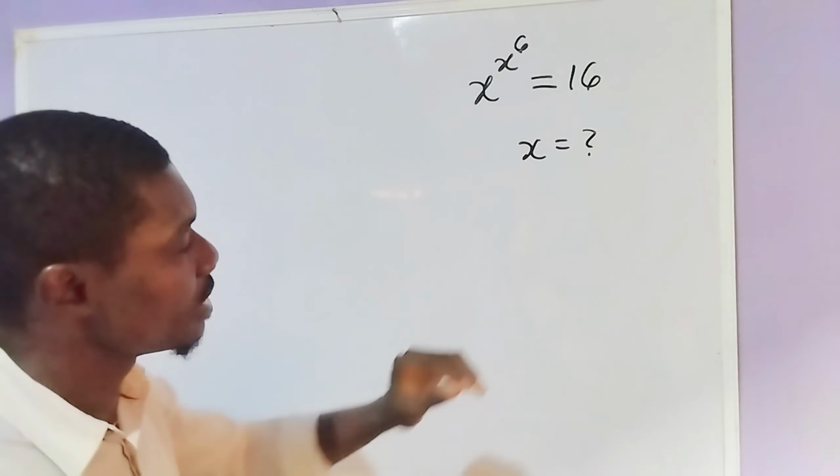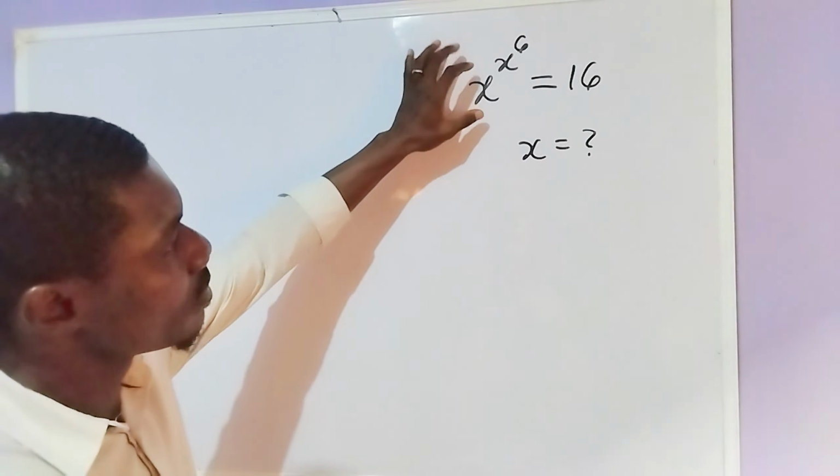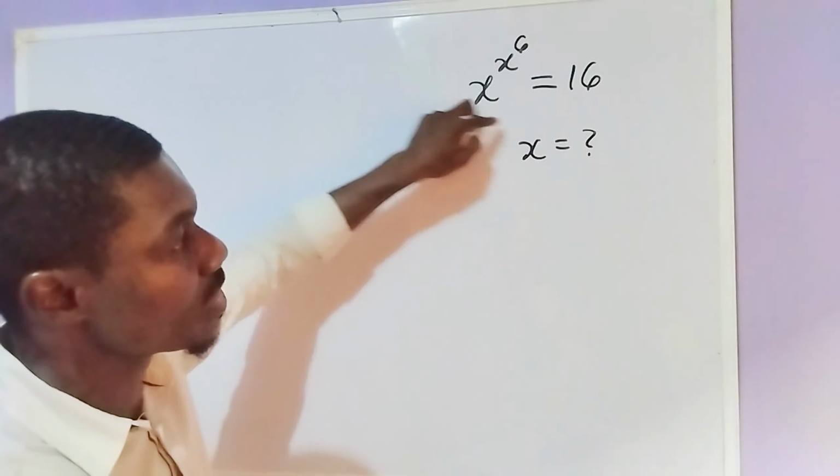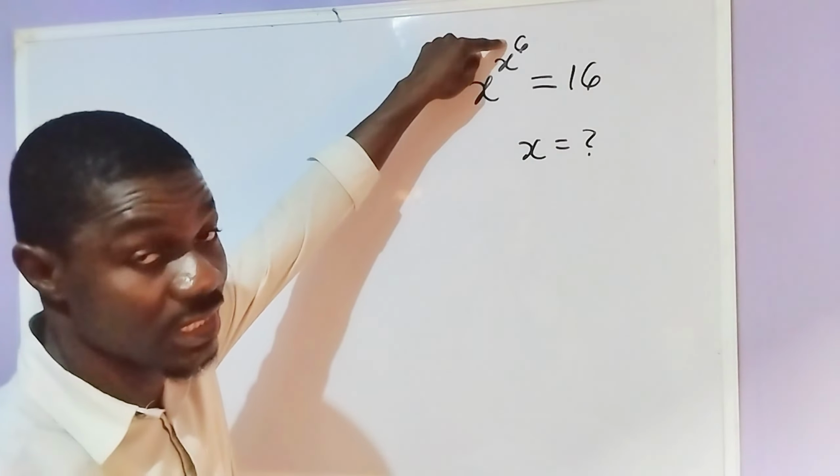First of all, what I want us to do here is raise both the left hand side and the right hand side to the power of 6.